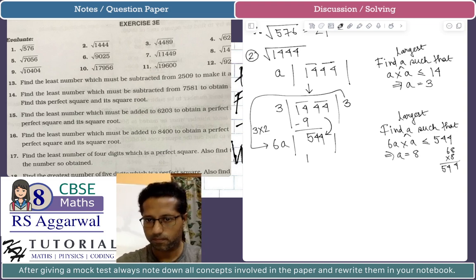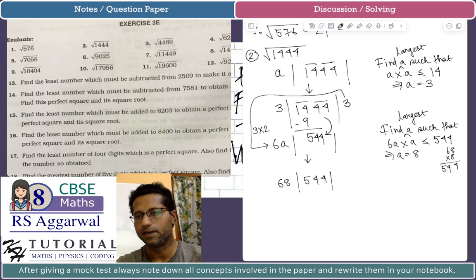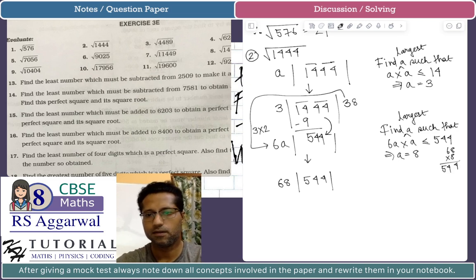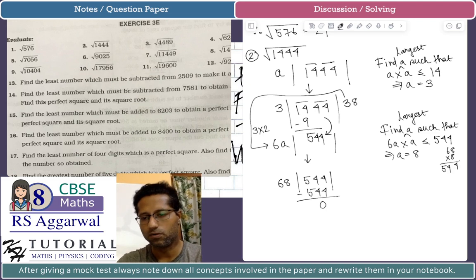So the divisor is 68, and this 8 gets appended to the quotient, which becomes 38. When we multiply 68 with 8, it is 544, and we subtract, and the remainder is 0, and there are no more periods left.